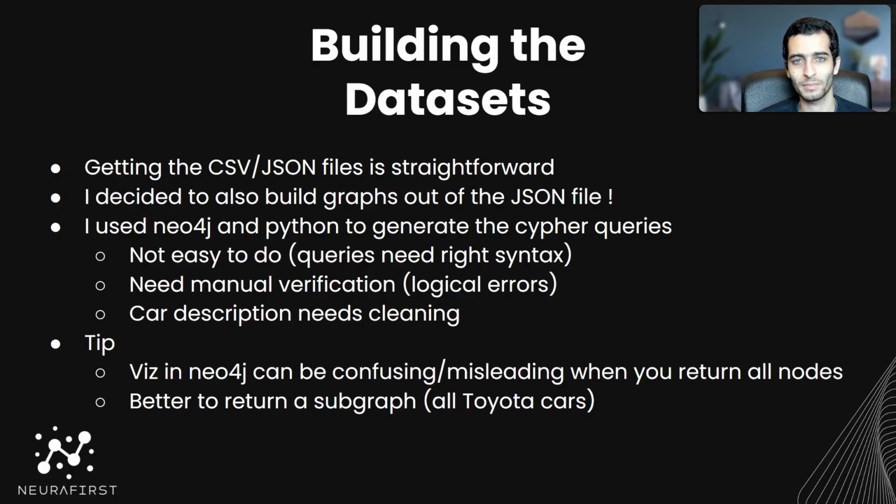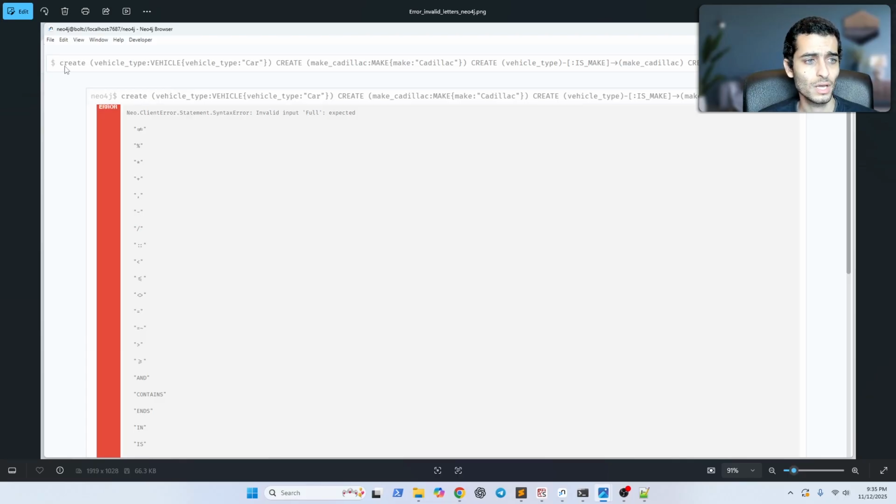Let me show you what I mean. This screenshot here shows the Cypher queries that were generated via my Python script. So we have create, vehicle type, and so on. And as you can see, we have a syntax error, invalid input. So one of those characters was inside my query, right?